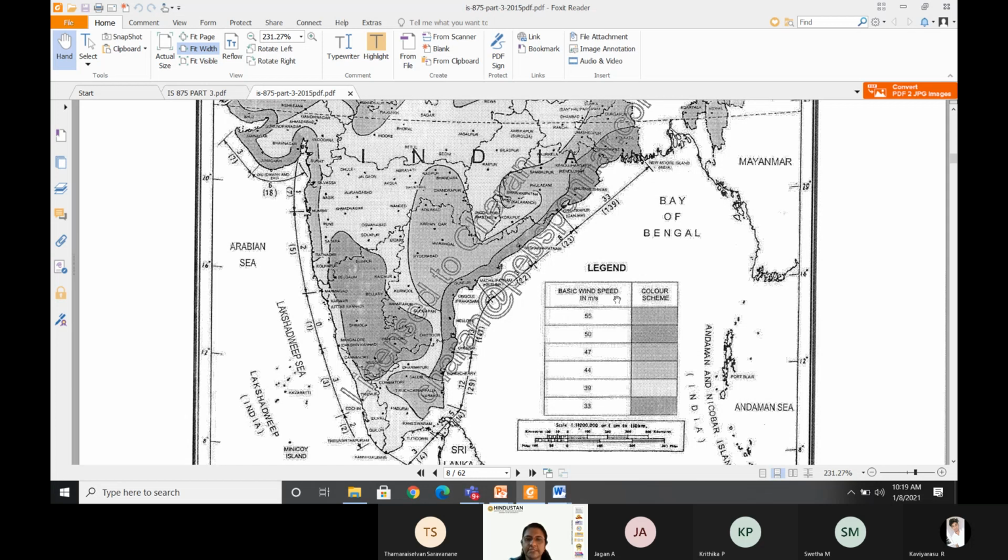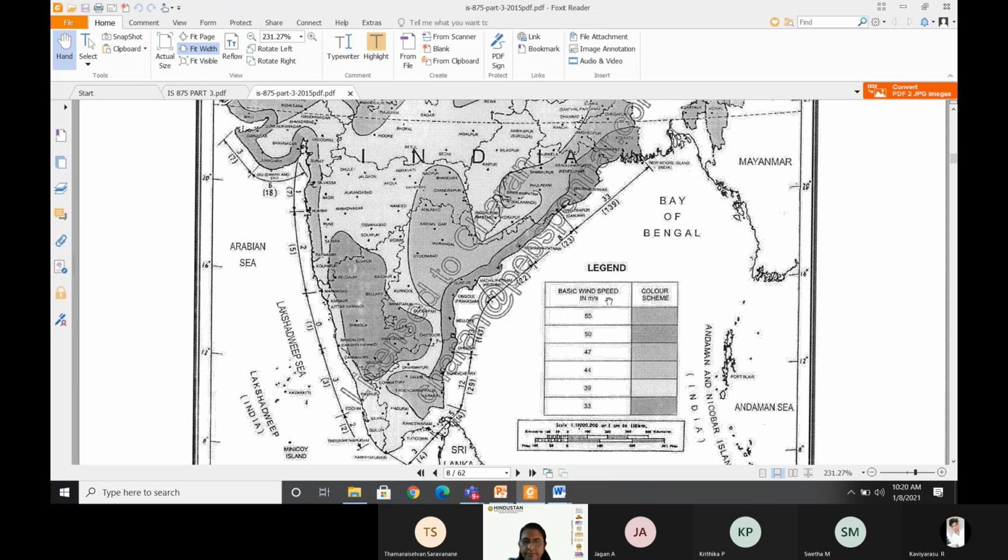This is called the basic wind speed. It is calculated from previous meteorological data. The Indian Meteorological Department, IMD, has collected the information with the previous experience and data available, and with that they have come to a conclusion. This can even change.